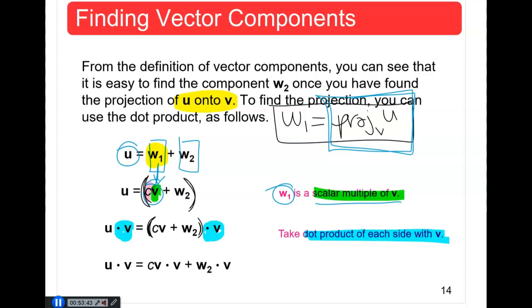After doing that, based on the rules that we went over with the dot product, we have to distribute the dot product to each term inside the parentheses. That's what you see here, which I'm going to highlight in blue. We also have the dot product on the left side, remember, we took the dot product on each side.